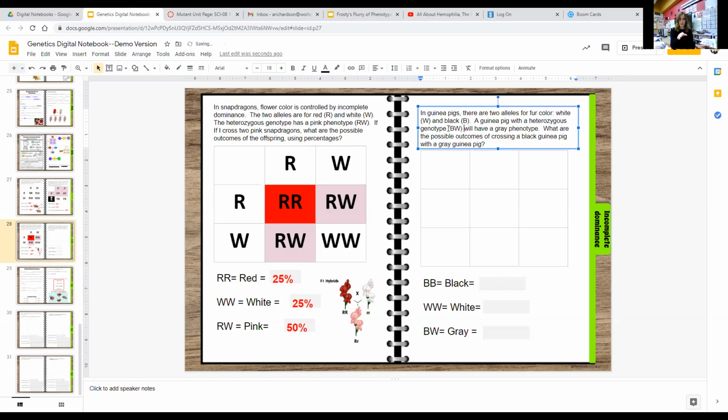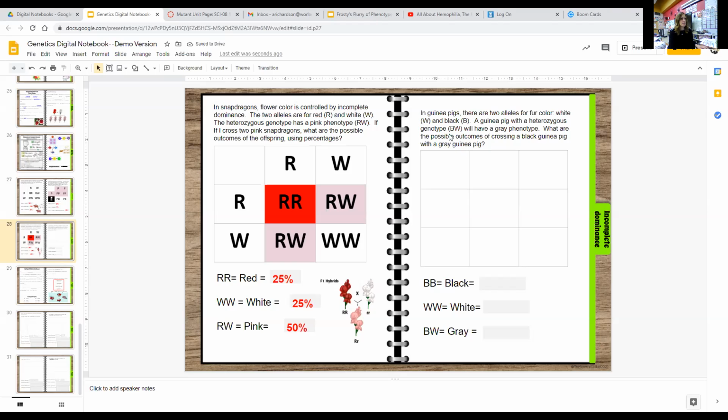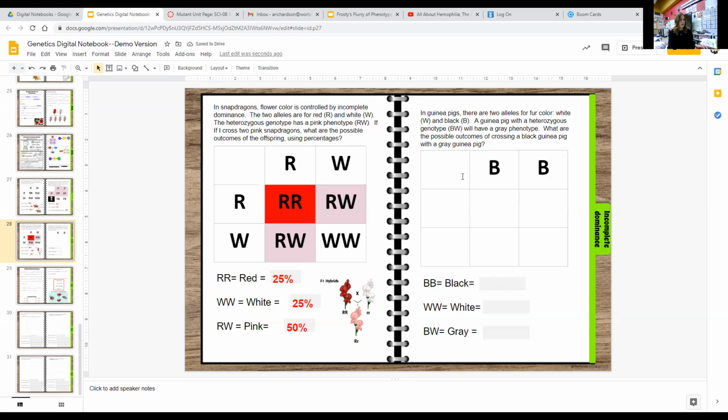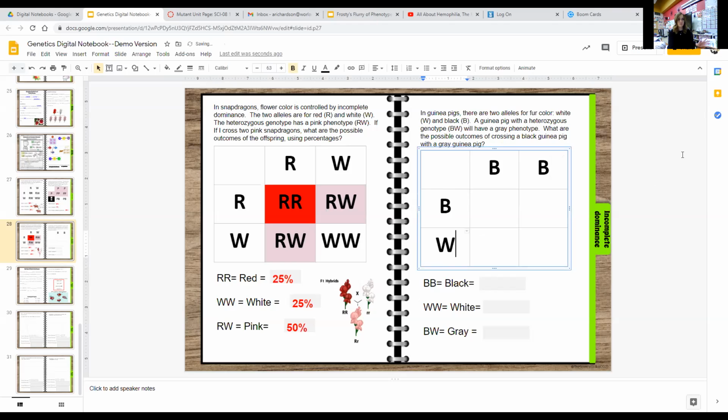So it's got a black and a white. What are the possible outcomes of crossing a black guinea pig with a gray guinea pig? So if he's black, he's going to have two B's, so black and black. And if he's gray, he's going to have one of each. So black plus white equals gray. So fill out the Punnett square.